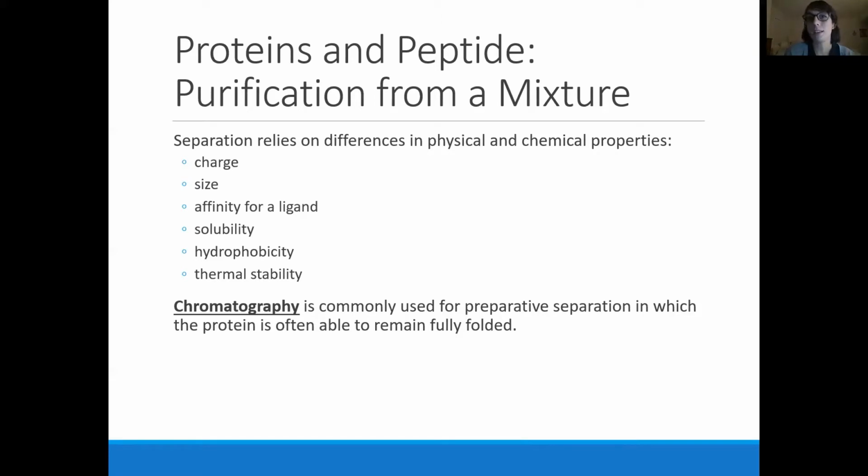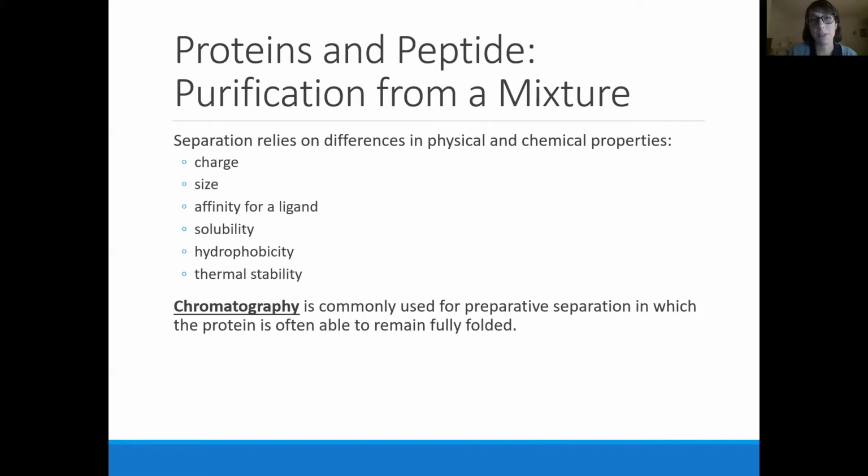If we know it binds to something, if we know it has an affinity for something, we can use that. How soluble it is, so we can put it in different solutions and it should be soluble in different solutions. We can use that to our advantage. How hydrophobic it is, and how stable it is thermally under different varieties of heat.